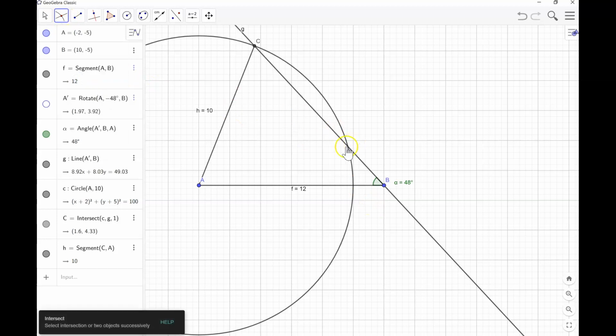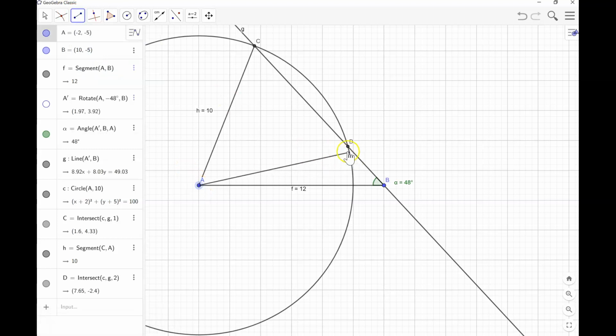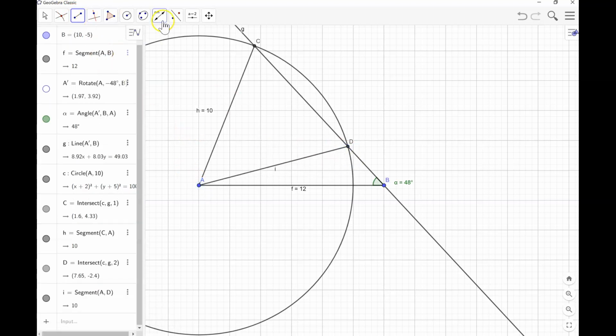But if I also make this point D, and I form the triangle here, ADB, this is a triangle with side length 10, side length 12, and a 48-degree angle. We have two triangles that both have that side side angle correspondence, but are distinctly not the same triangle. This is why there is no side side angle congruence theorem in your geometry course, because it doesn't guarantee you have congruent triangles. You could have two separate ones.